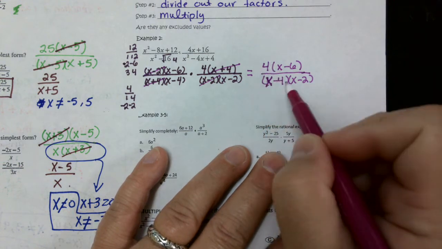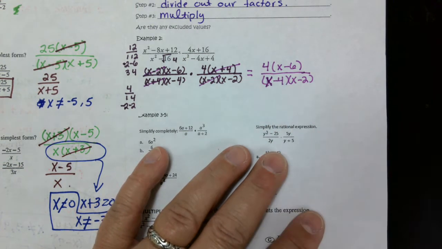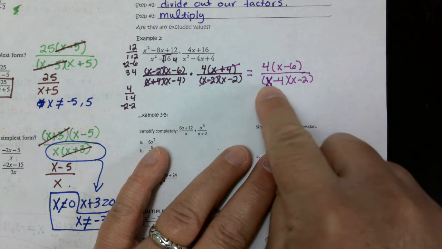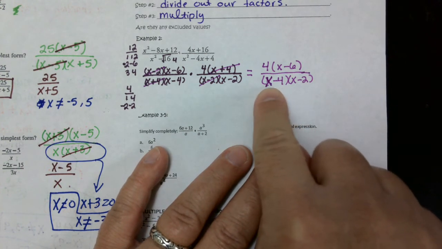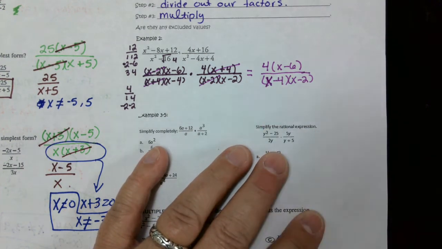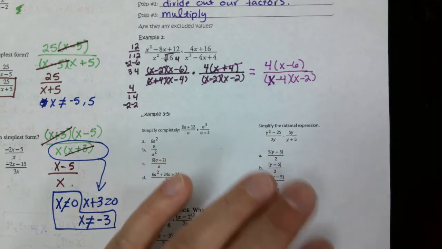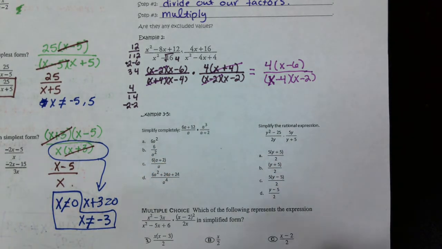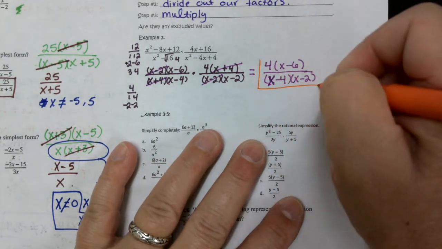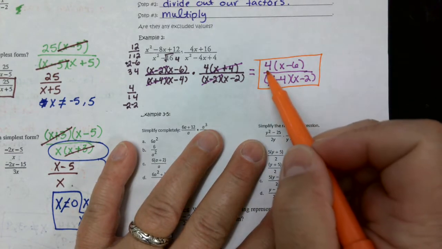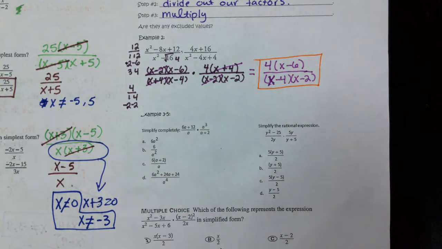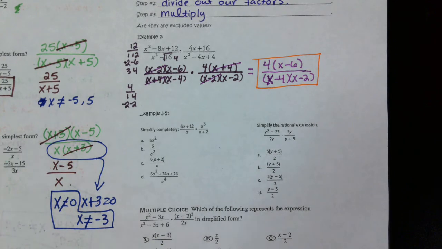Remember that this 4 and this 4, we cannot divide those out because this 4 is connected to the x. This is one thing. So we are finished with our simplifying. You could multiply it out, but I'm not asking you to. I am perfectly happy with you leaving it in factored form.